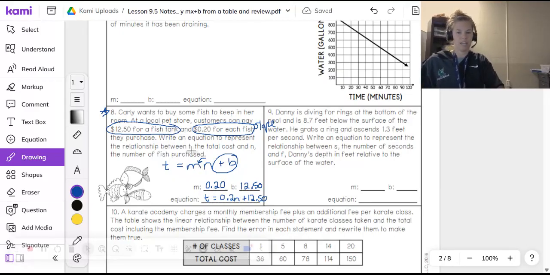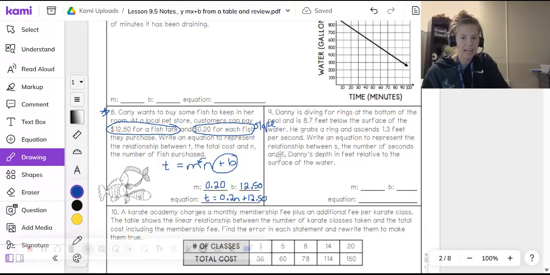In this case, they wanted t for total cost, so t is the total, and then n is the number of fish you purchased. You can still use x and y; it's not a big deal, but that is why I have used the variables t and n, because that is what they asked us to do in this particular equation.